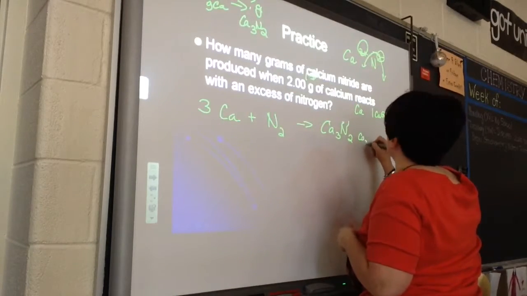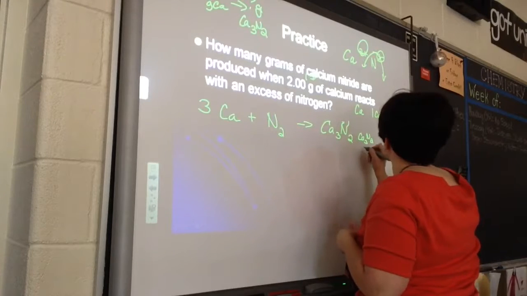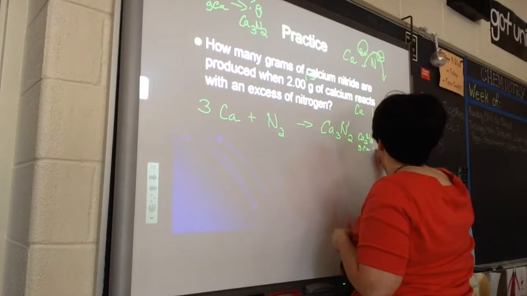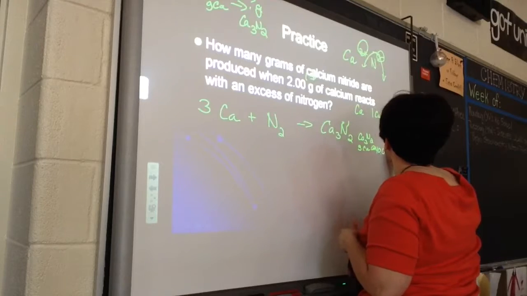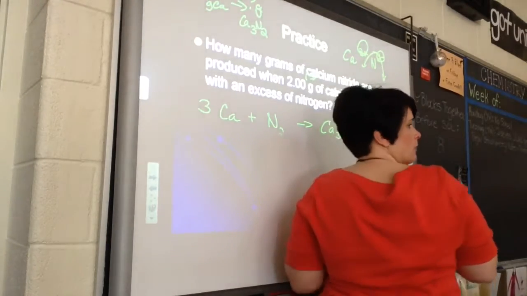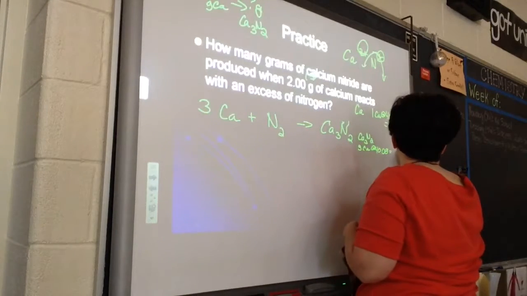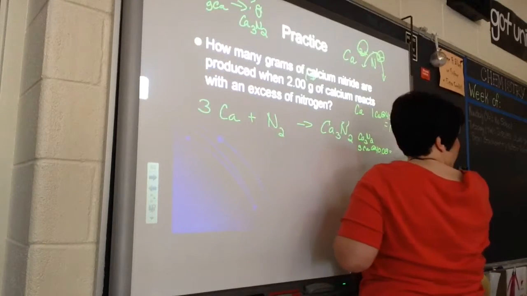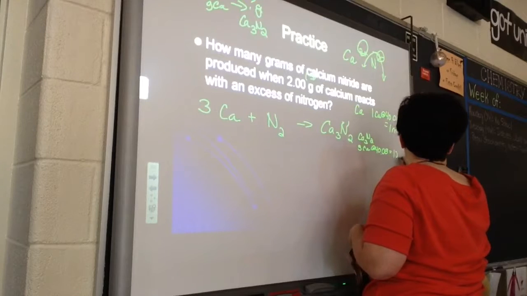So for Ca3N2, it looks like 3 calciums at 40.08. What's this math? 40.08 times 3. Say again, Alexander. 120. Yeah, 120.24 grams is equal to 1 mole.